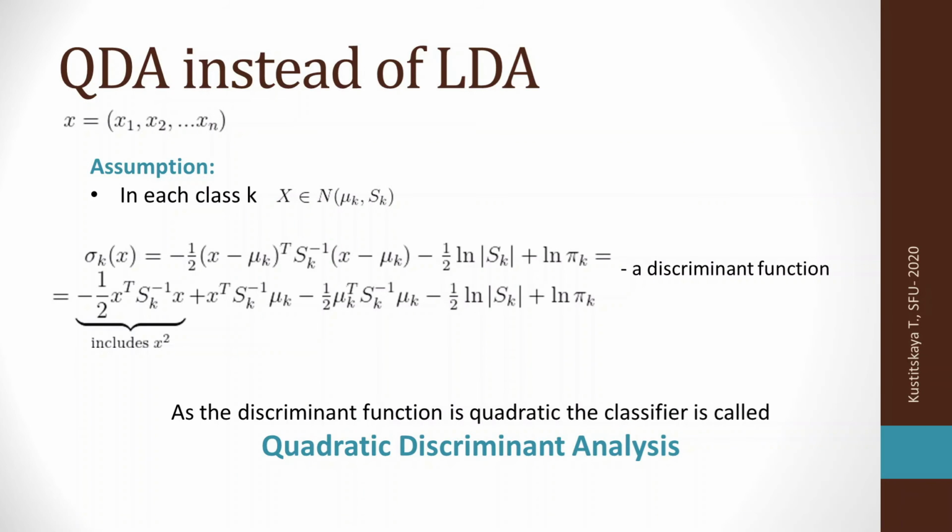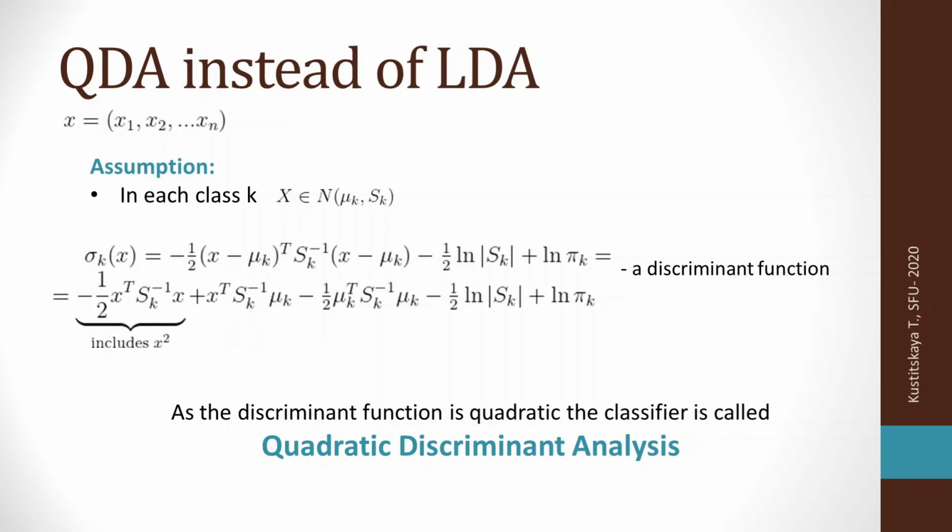As we have discussed, linear discriminant analysis assumes that all the observations within each class are drawn from a multivariate Gaussian distribution with a class-specific mean and a covariance matrix which is common to all k classes.